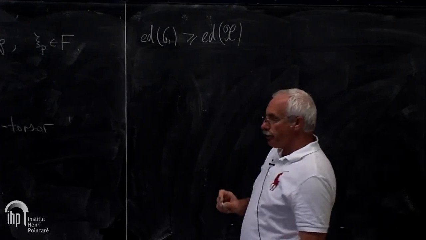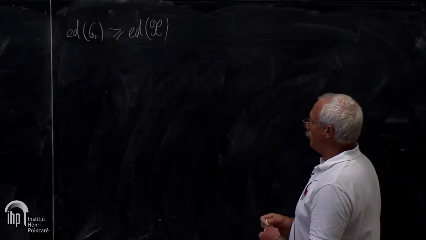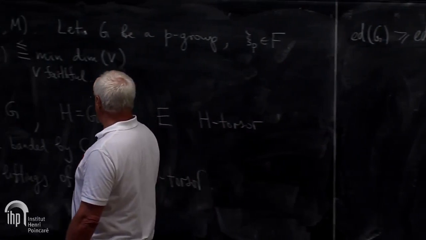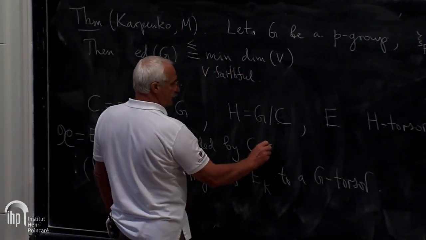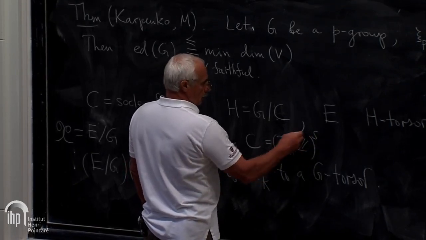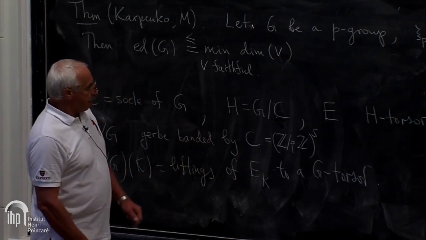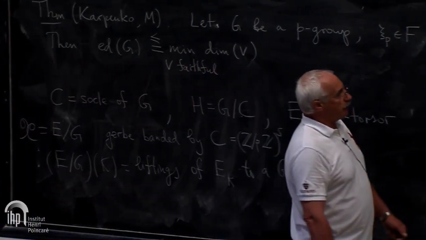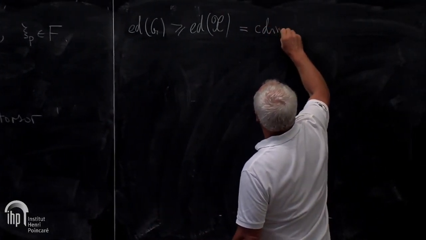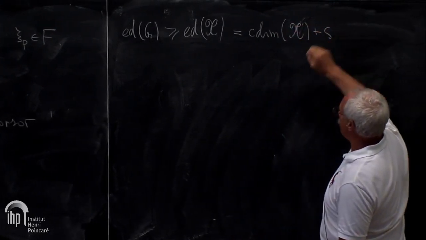And then, in general, there is no very nice connection between the essential dimension and the canonical dimension, but for gerbes bounded by a very simple group, by the way, that is Z mod p Z to some power s, we assume the roots of unity in the field, so that is C, there is the following relation between the essential dimension and the canonical dimension of X plus s.